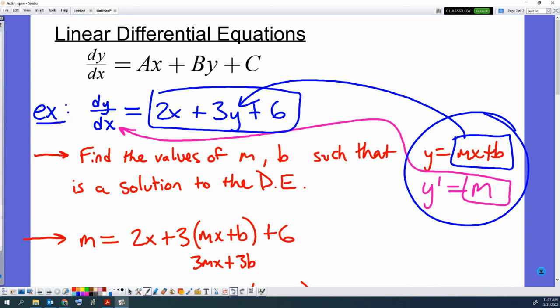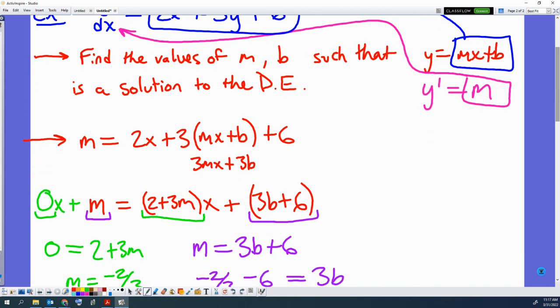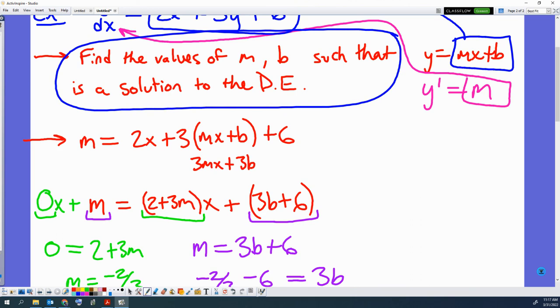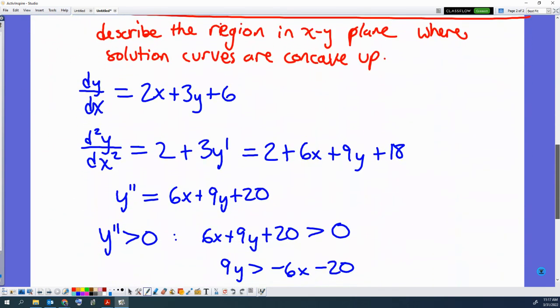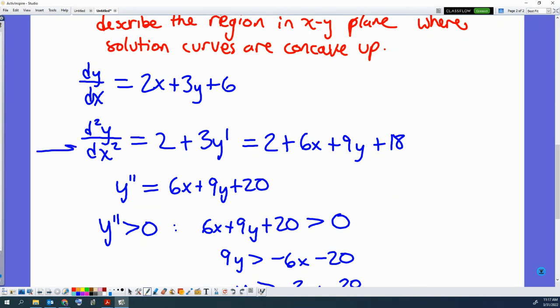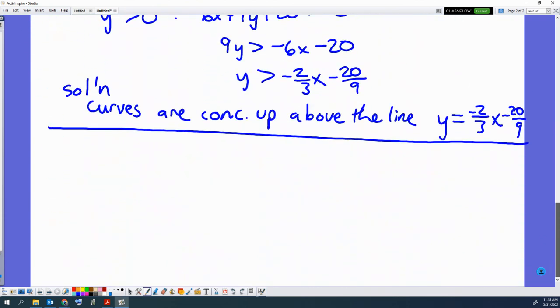So with that in mind, another way to attack this question, which is really asking what is the linear solution, is to just find that second derivative, which was pretty easy to do, right? Find that second derivative and set it equal to 0. And it's really the same work we just did, isn't it?